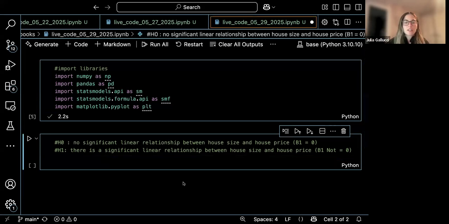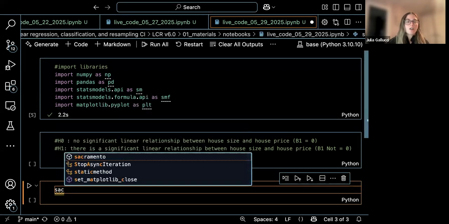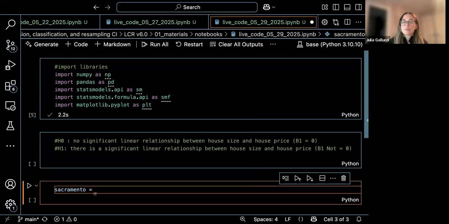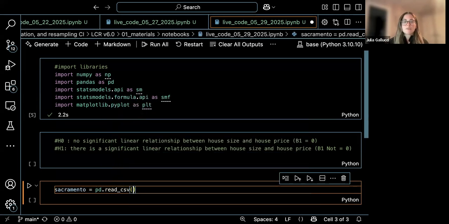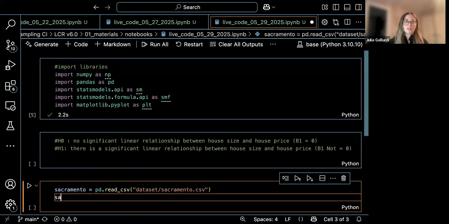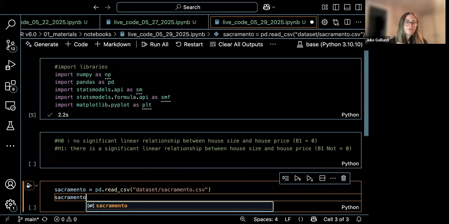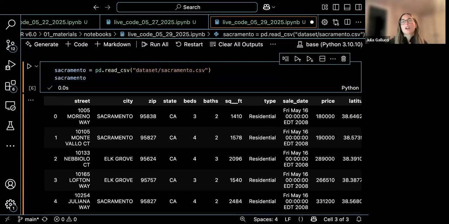So our first step is going to be simply loading in our data, just as we've done before. We're going to call it Sacramento, and we're going to use pandas read CSV function. So pandas read CSV, and it's stored under data sets, just as we've done before, and Sacramento CSV. So this is what our data looks like, same as before.